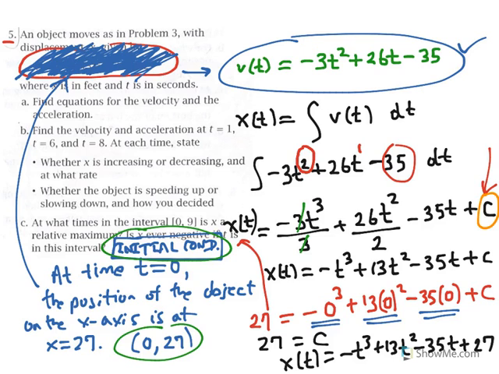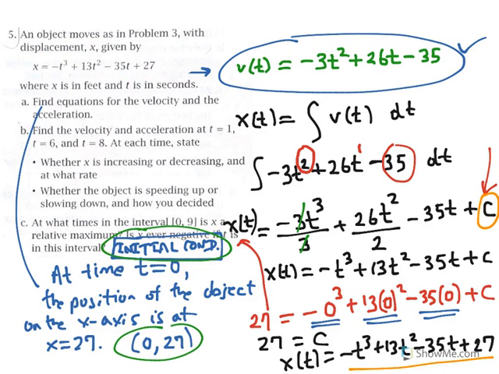This is called antidifferentiation, or finding an indefinite integral. And of course, compare what I found for x of t to what x of t was, and you'll see that I found it, right? x of t is equal to negative t cubed plus 13t squared minus 35t plus 27.